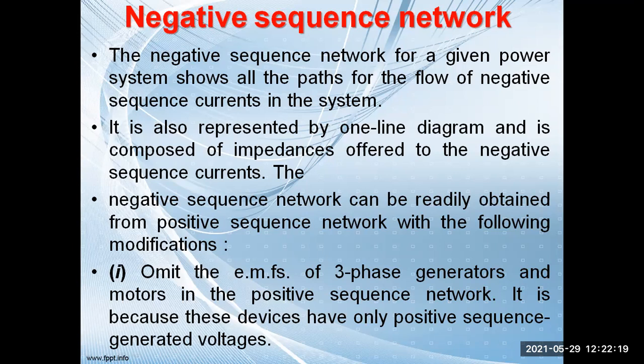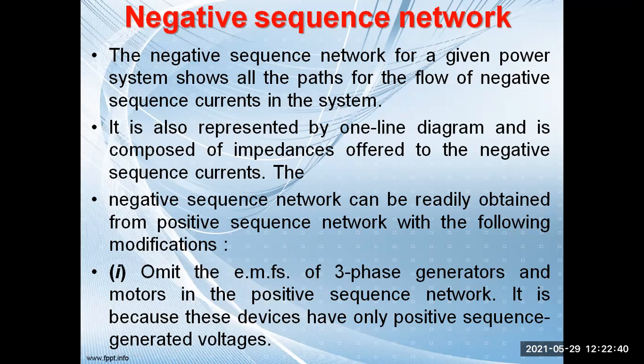It will not offer any opposition to the positive sequence current or the zero sequence current. So the negative sequence network can be obtained from the positive sequence network with the following modifications. What are the modifications we have to do? If we know the positive sequence network, how do we derive the negative sequence network?